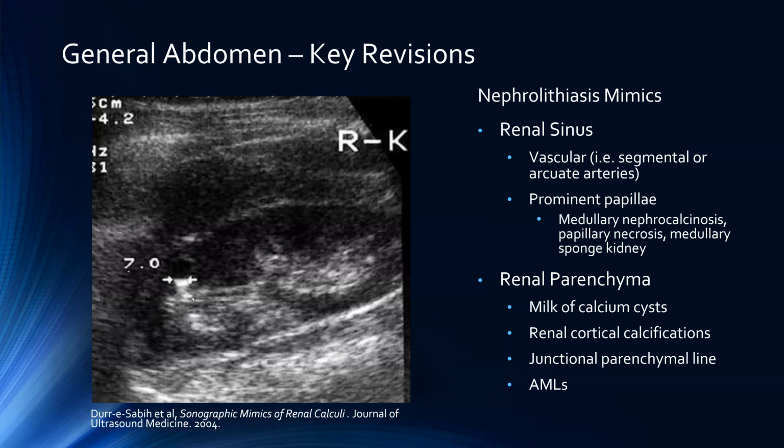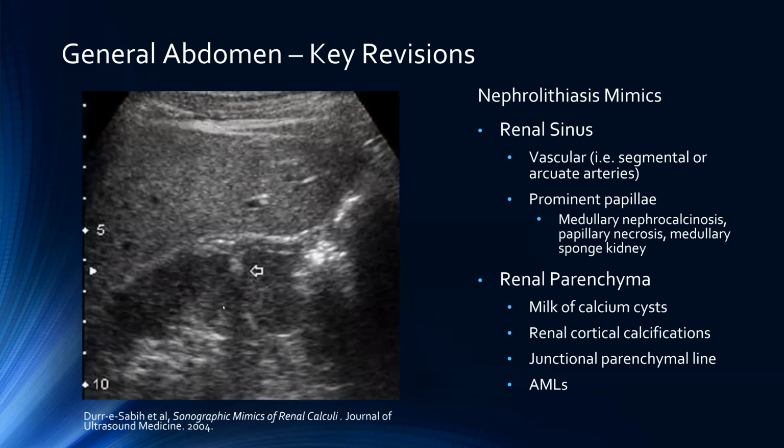In some cases, the calcified material can completely fill the cyst and make the differential diagnosis a little bit more challenging. But again, the presence of that reverberation artifact should tip you off to the fact that this is a milk of calcium cyst rather than either a parenchymal calcification, or if it's a little bit more centrally located, a renal calculus.